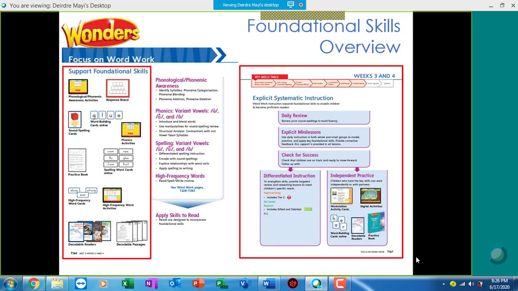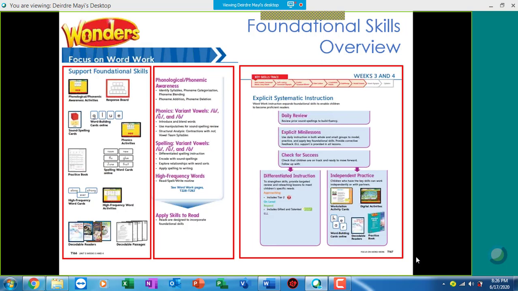If you look just to the right of the support materials, you're going to see what the phonological and phonemic awareness aims are for those weeks at which you are looking. You will see what the phonics skill is for that particular week or set of weeks.